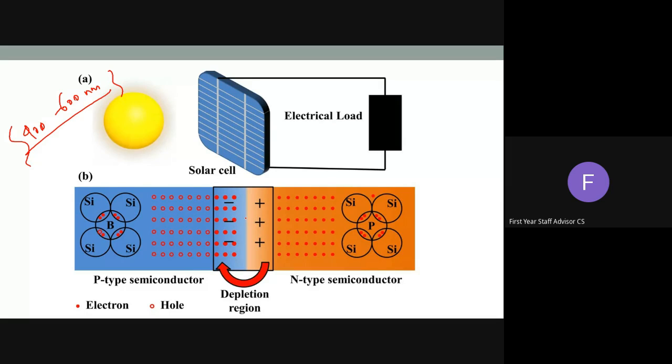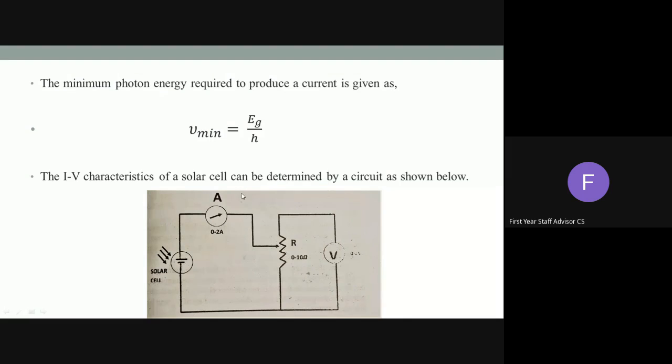Why? Because every material has some band gap. What is band gap? Band gap is the energy gap between the conduction band and the valence band. Here we have many electrons in the valence band. When light of frequency mu is incident on it, what will be the energy of that photon?